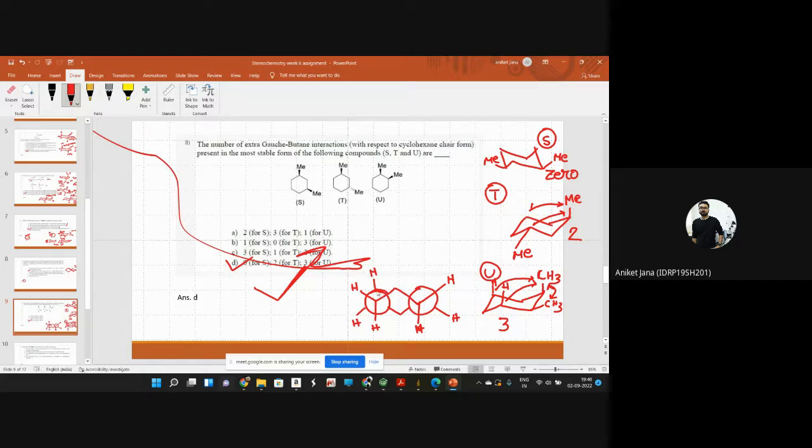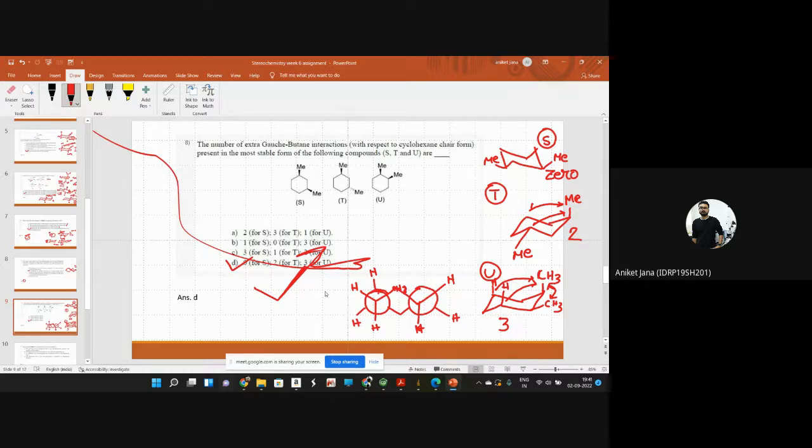But here, in case of the cyclohexane, through every bond, between CH2 and the other group, there are some interactions. So it is considered as the gauche butane interaction. So the 6 bonds are possible. So through the 6 possible bonds, there are 6 gauche butane interactions in the cyclohexane.